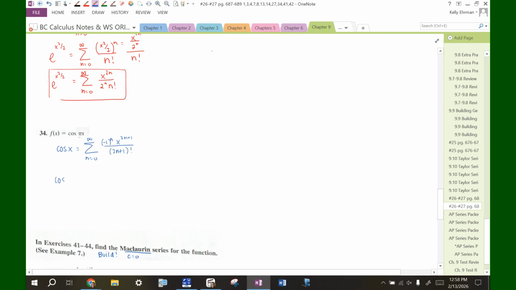So if I want to create a power series for cosine of pi x, all I need to do is sub in pi x for that x right there with parentheses. So negative 1 to the n, pi x to the 2n plus 1 over 2n plus 1 factorial.